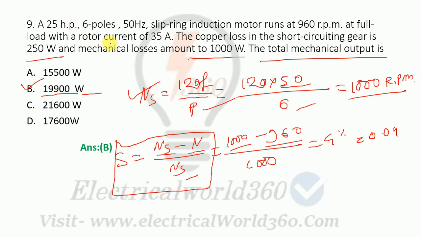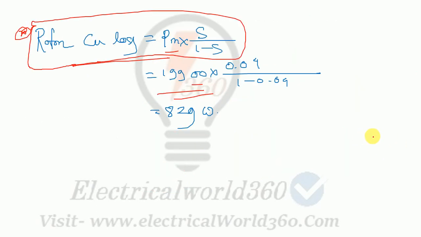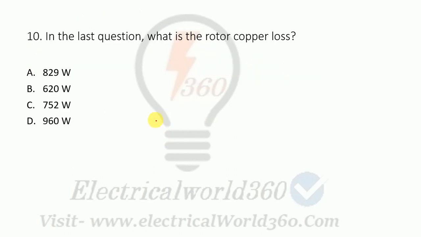It is given in the question, 960 rpm. So from here we will get 4% as the slip. So we can write it as 0.04. Okay, so 1 minus 0.04. So the rotor copper loss will be 829 watt. So here you can see the option number A will be the right answer.